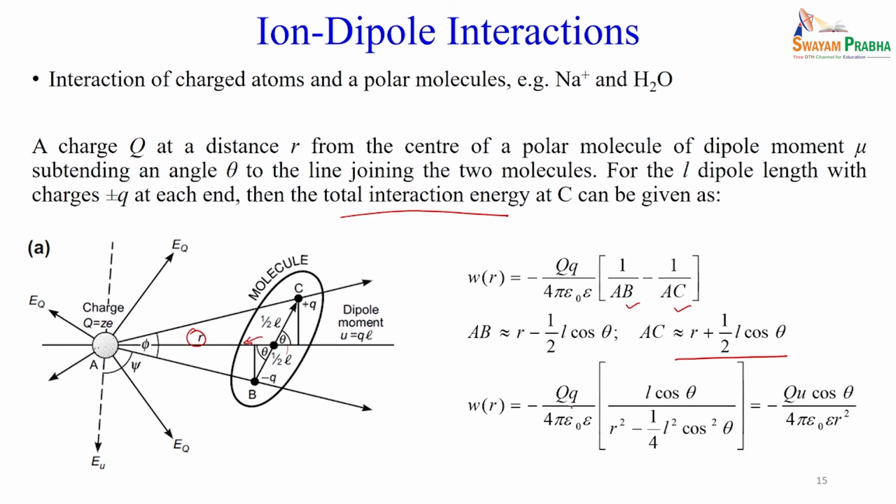Here U is Q into L. So, how is it interacting? Charged molecule, dipole moment, angle theta, 4 pi epsilon naught epsilon, and the distance from here to here is the linear distance R. So, in this way we should be able to calculate the total interaction energy or interaction potential between the ion and the dipole molecules.